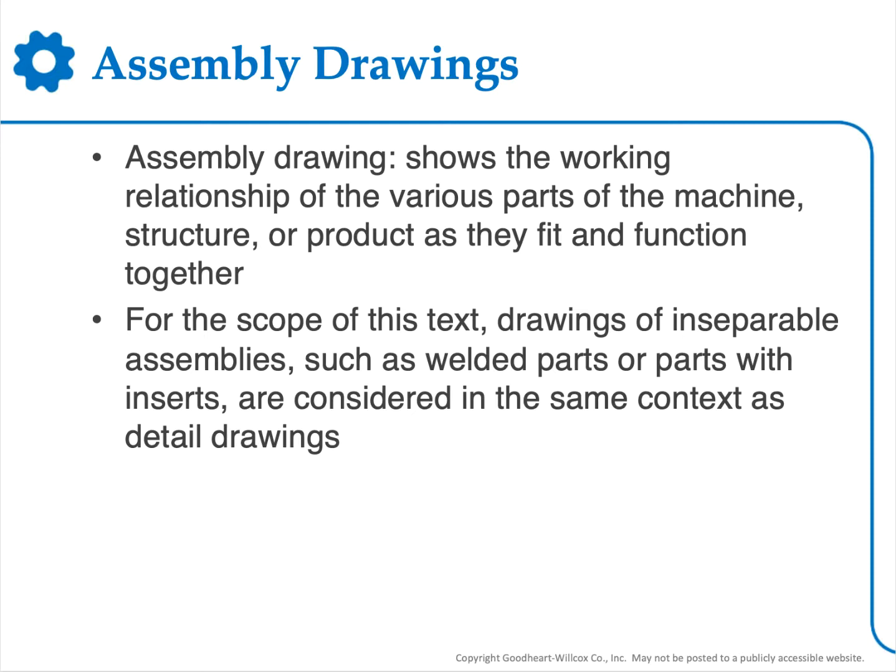Now this textbook uses lots of different nomenclature when it comes to assembly drawings. They put this little statement in here for the scope of this text: drawings of inseparable assemblies, such as welded parts or parts with inserts, are considered in the same context as detailed drawings.